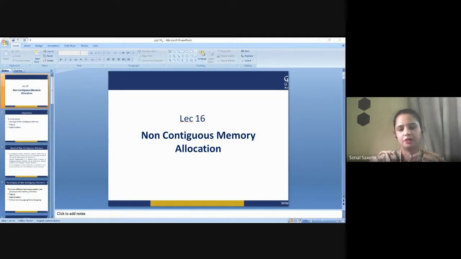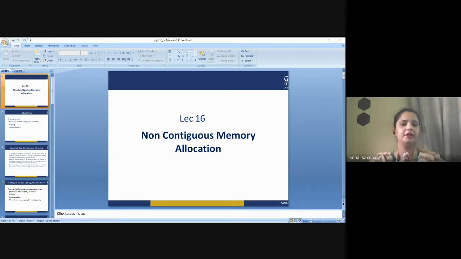When we talk about contiguous memory allocation, it means the data are stored in a line, in a sequence. But when we talk about non-linear or non-contiguous data, the sequence of the data will not be the same. It will not be aligned or in a consecutive manner like 1 2 3 4 or 8 9 10 11. It will not be like that in non-contiguous.